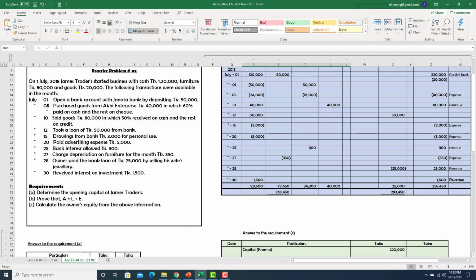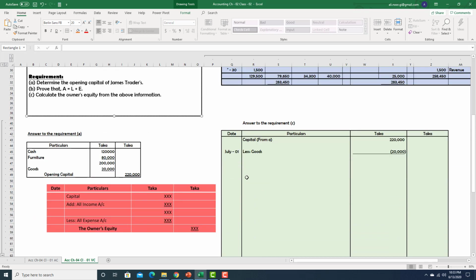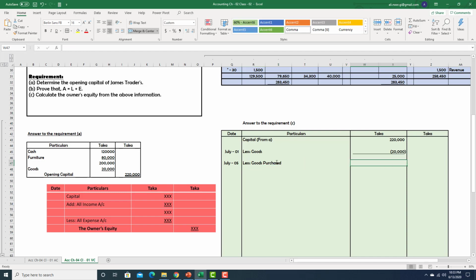So July 5, this is an expense account, goods purchased for taka 40,000, so for the July 5 transaction, we need to less goods purchased of taka 40,000, minus 40,000.